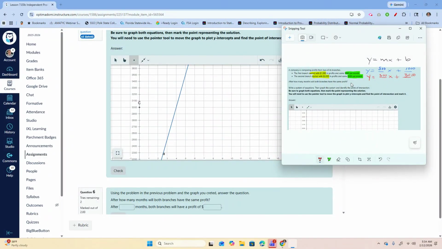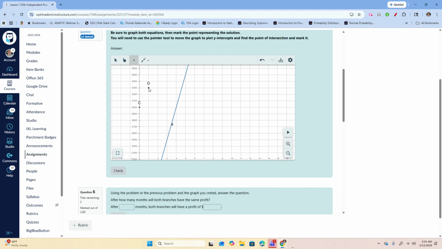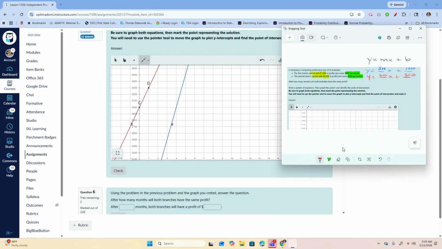And then my m is 300. That means I'm going to go 300 up and 1 to the right. If I'm in 3,000, I go 300 up, it's going to be 3,300 and 1 to the right. And there is my second point. Now I can connect it. So here it is. So you can see that my two equations, I did the graph.